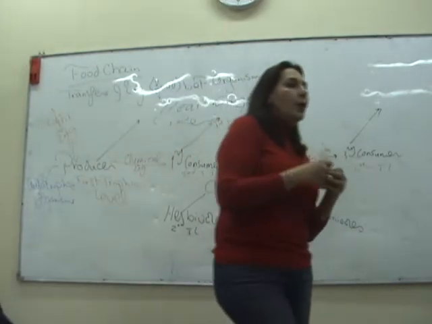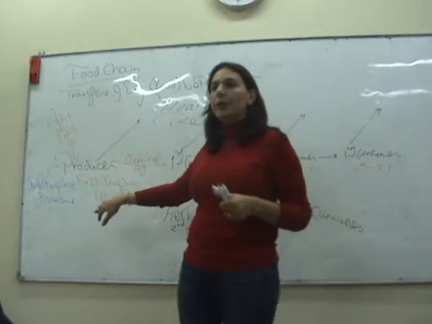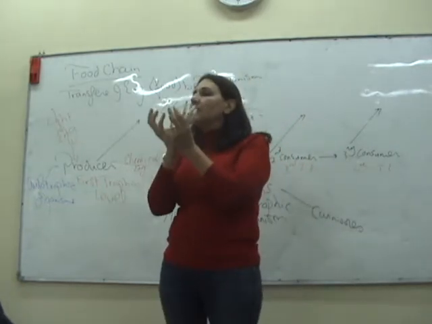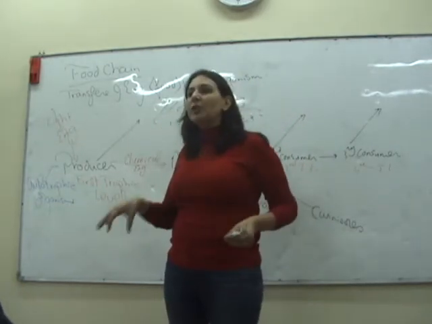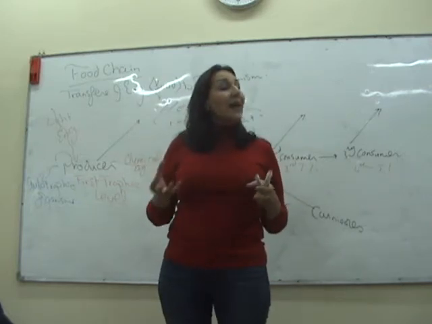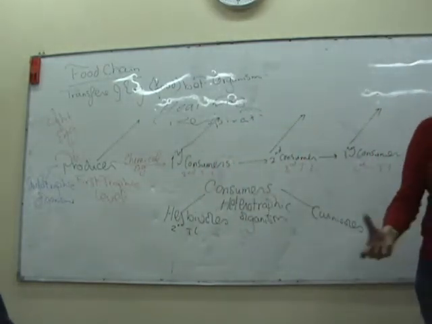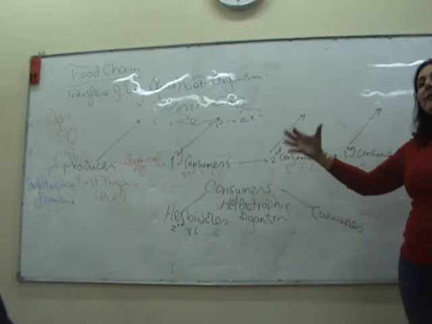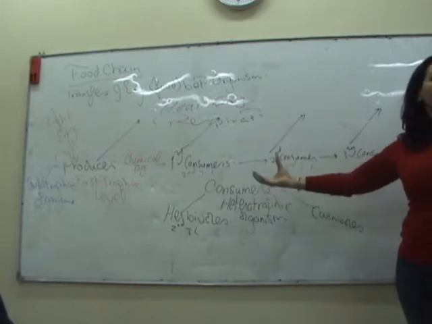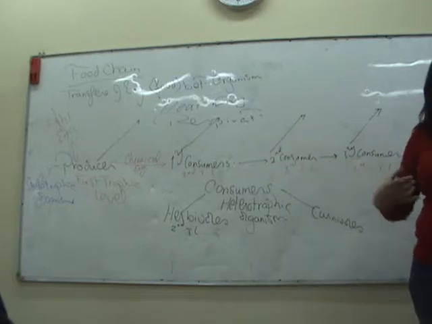Not all parts are eaten. So the primary consumer, when it feeds on the producer, might eat the leaves of the plant. It will not eat the roots. It will not eat the stems and the branches. So a lot of chemical energy is lost. The consumer also doesn't digest all the food it ate.